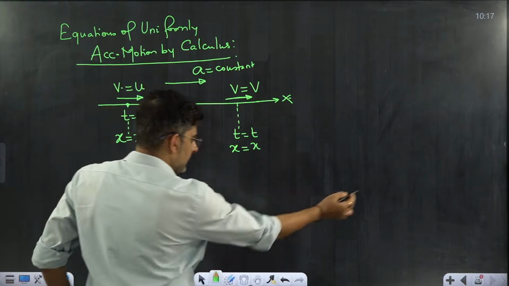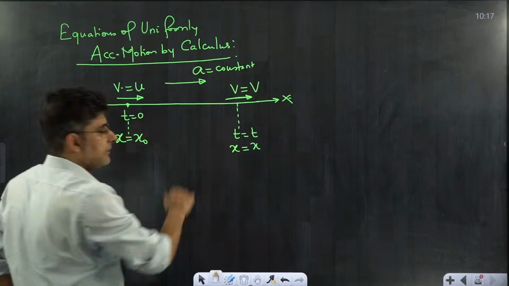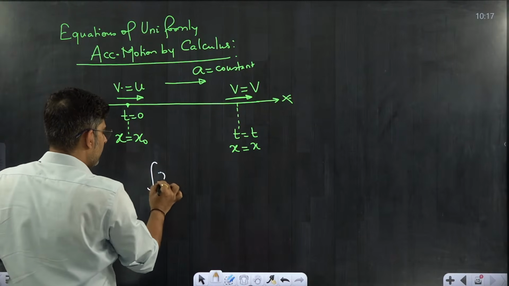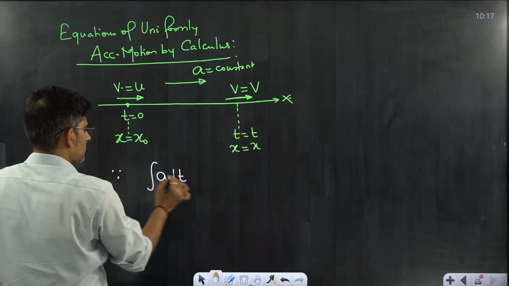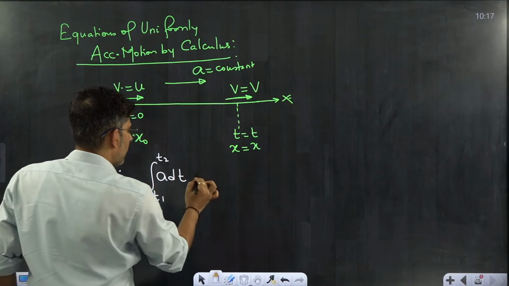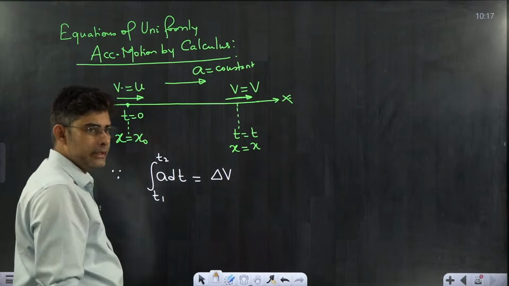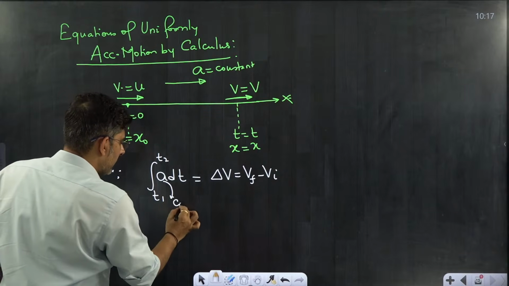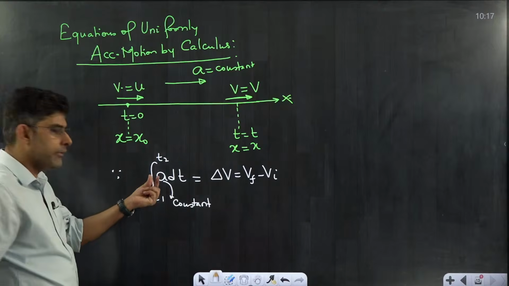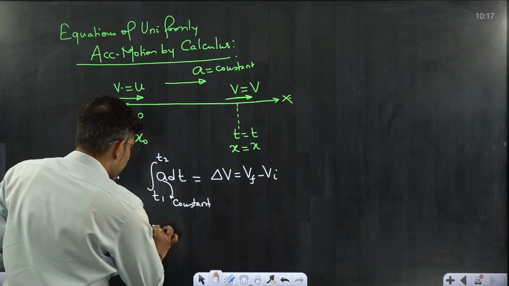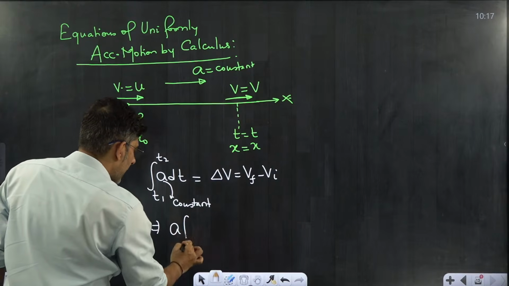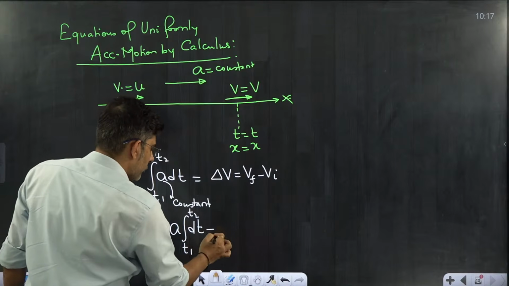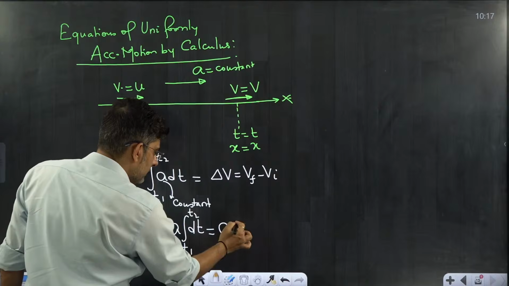Now, as I said, as per the situation, you can see acceleration is constant. So what we can say, the first equation I told, when you integrate acceleration with respect to time from t1 to t2, you get change in velocity, right? Change in velocity means v final minus v initial. Now here acceleration I have taken constant. I had told in integration, whenever we have a constant you can take it outside. So acceleration will come outside and we will have integration of dt. I told, dt integration is simply integration of 1, so it will become t, that is t2 minus t1.